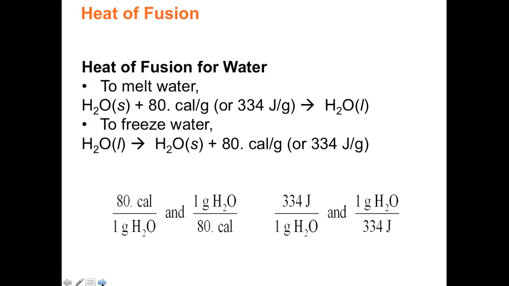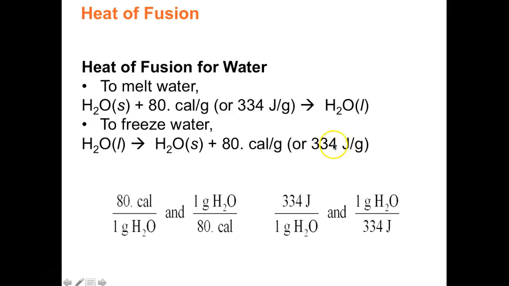To melt ice, it requires 80 cals per gram of ice. So you have to supply the ice with 80 cals per gram to melt it down. To freeze water, you have to remove the 80 cals per gram of water. 80 cals is 334 joules.